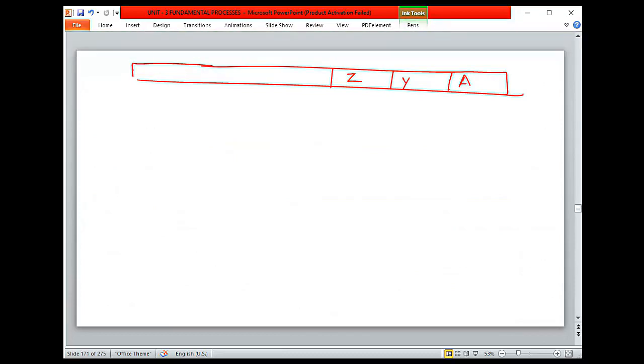Gene Z, gene Y, and gene A. In addition to that, you have your promoter, operator, and inducer, that is your regulatory protein or your inducer. Now understand this.